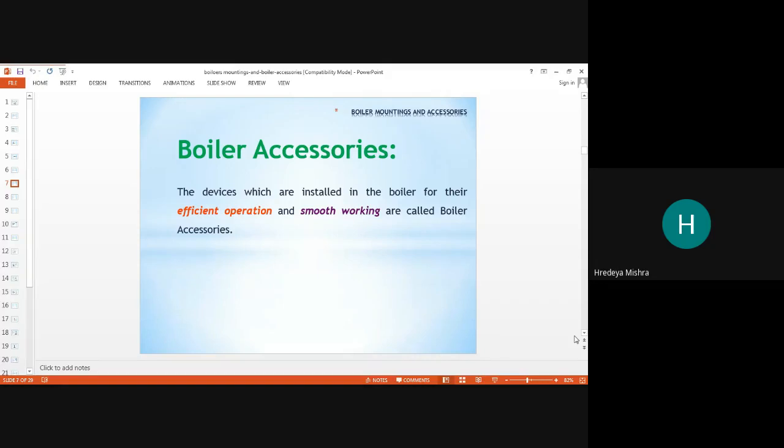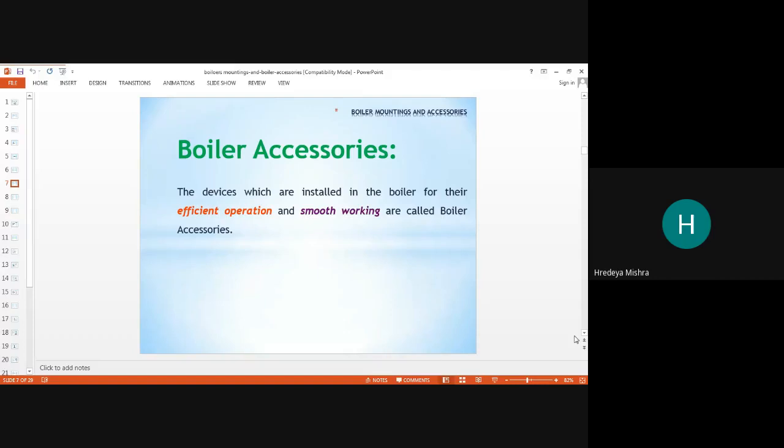In many examinations this question is asked: what are boiler mounting and boiler accessories? Write any two or three differences between boiler mounting and boiler accessories.